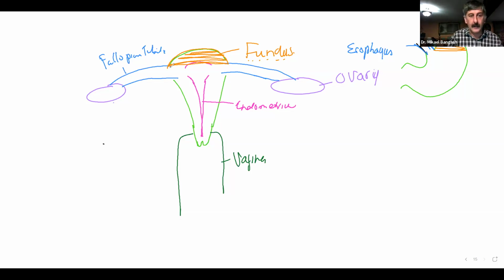That part of the uterus which protrudes above the point where the uterus receives the fallopian tubes on both sides, just like the stomach received the esophagus, is going to be referred to as the fundus of the uterus.